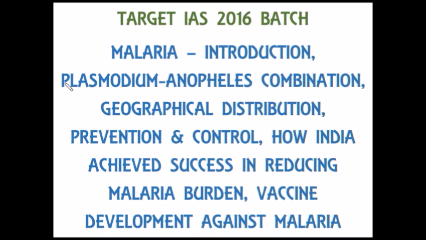Here we will briefly explain how to approach the topic of malaria. You should learn about Plasmodium, which has 5 species which can cause malaria in human beings. You should also thoroughly study the Anopheles, especially the female Anopheles, which transmits the malarial parasite.